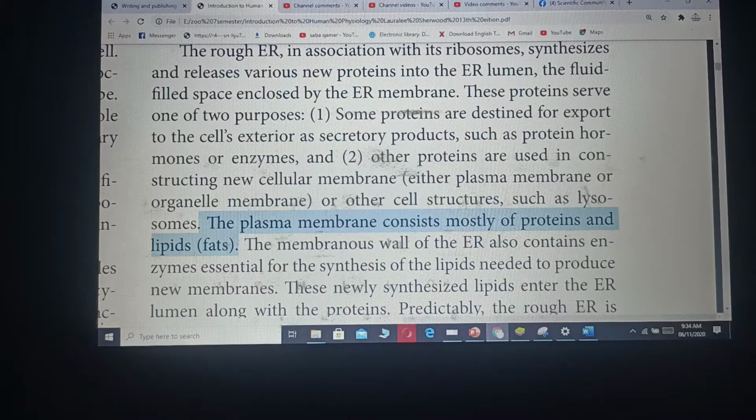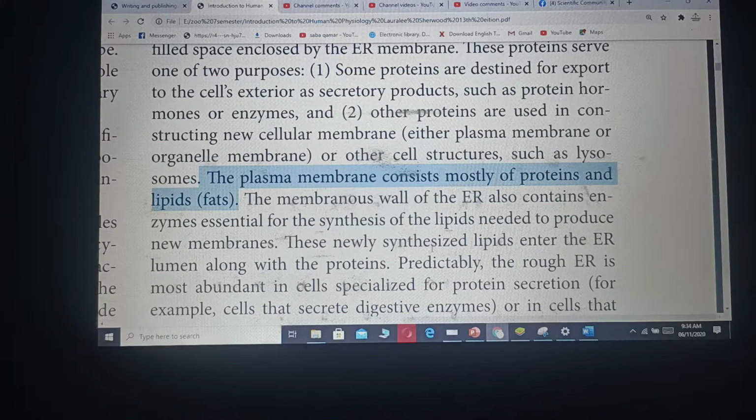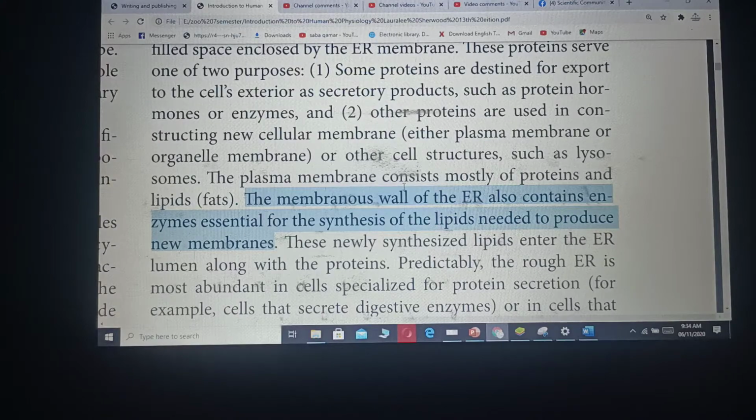The membranous wall of the endoplasmic reticulum also contains enzymes essential for the synthesis of the lipids needed to produce new membranes. Always remember that there are a few endoplasmic reticulum enzymes that are also attached to the rough endoplasmic reticulum surface, which are involved in lipid synthesis.